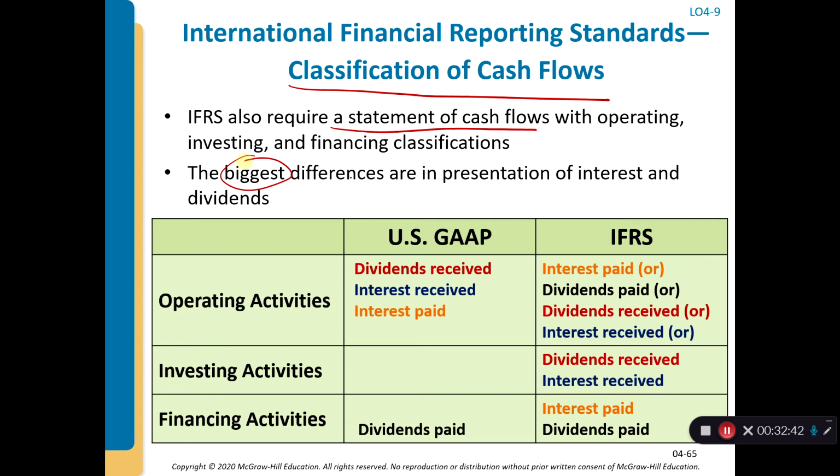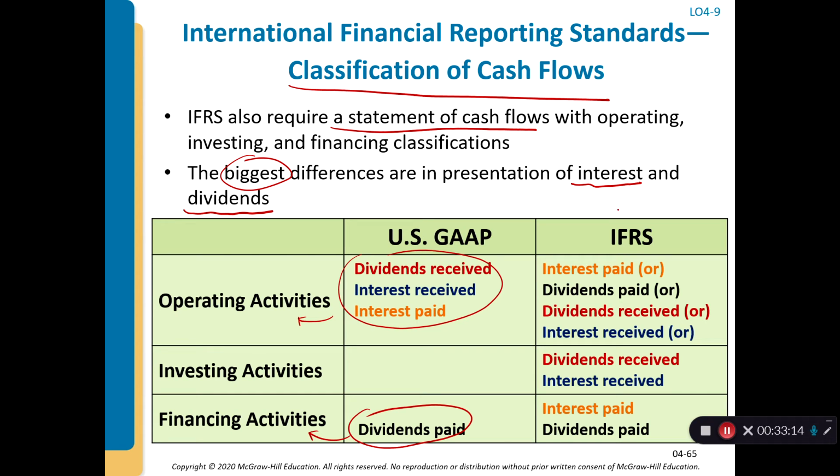The biggest difference is in how IFRS and GAAP treat interest expense or interest revenue and dividend payments or dividends received. In US GAAP, it's very clear that dividends received and interest received or paid are all considered operating activity. Only dividends paid is considered a financing activity.